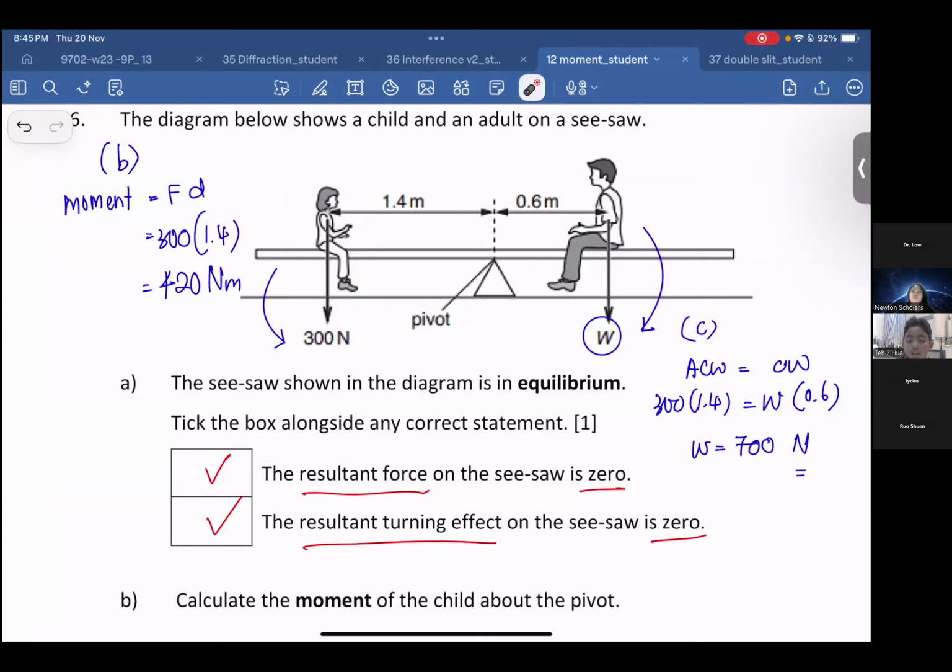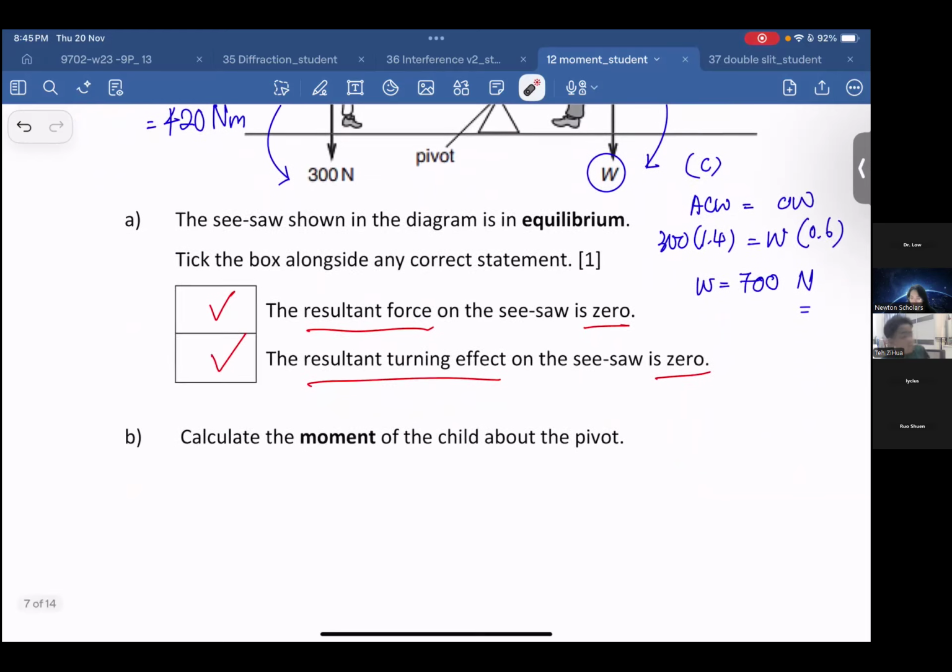Teresa, yes, but you have to explain it more. The 300 Newton force doesn't change. The child moves further away, the force doesn't change. Crystal, correct, but you have to explain in more detail. It is unbalanced, correct. What will happen?